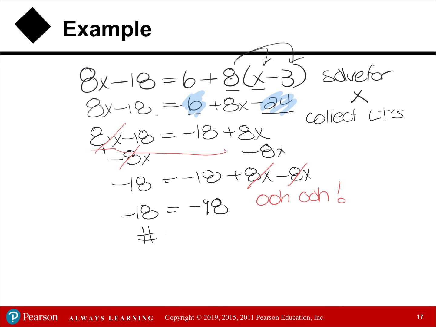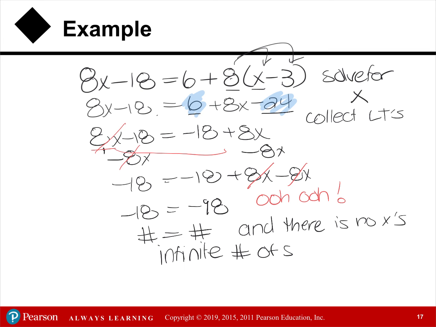When you have a number equals the same number and there are no x's, that means that there's actually an infinite number of solutions. Infinite means I can pick any number. So I could pick 1 and put it into x's place and it would be true.